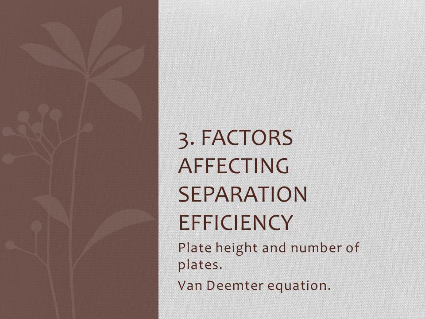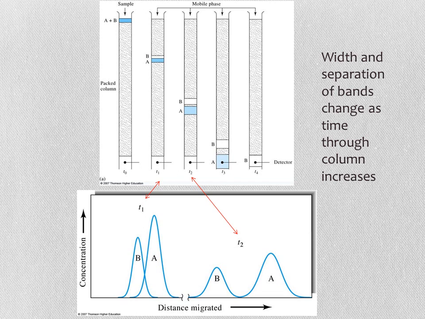Before we get into talking about resolution, let's first discuss the efficiency of a separation. This is usually discussed in terms of plate height, number of plates, and the Van Deemter equation. In the general schematic of chromatography that I showed earlier, if you were paying close attention, you would have noticed that the separation between peaks A and B increased as the time going through the column increased.